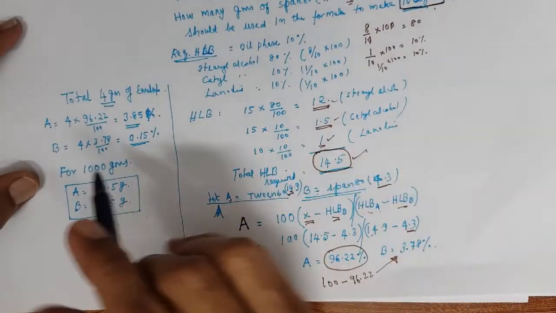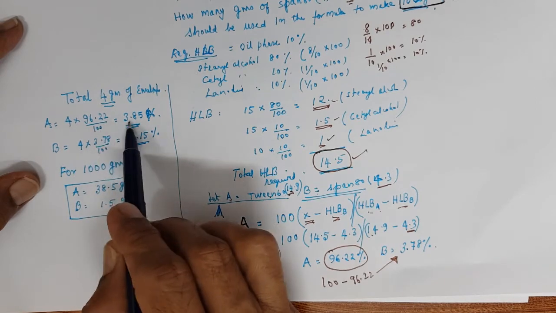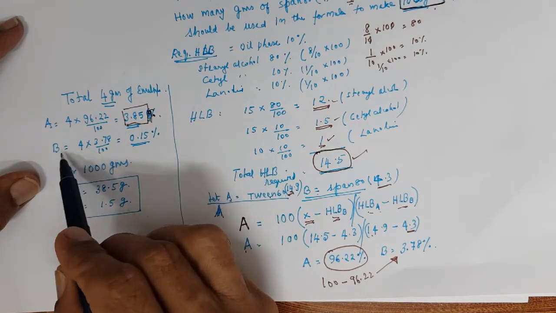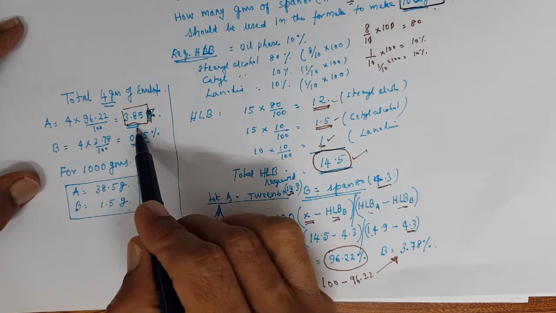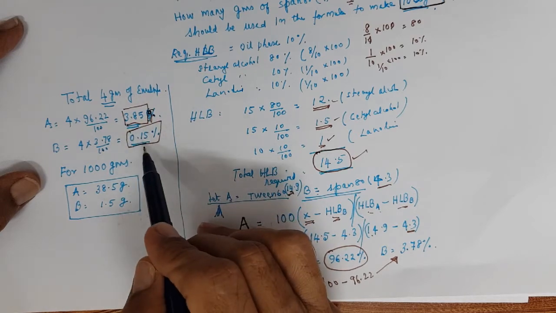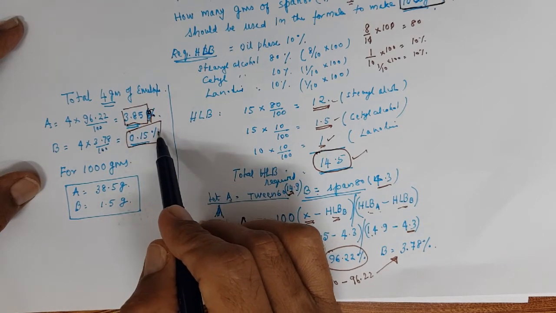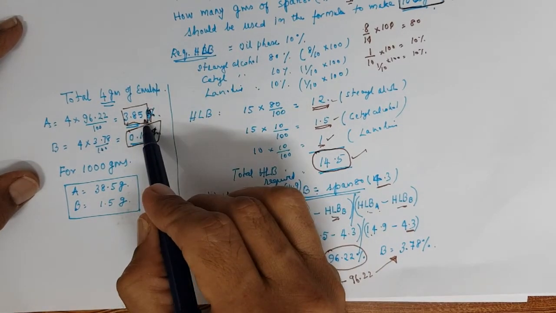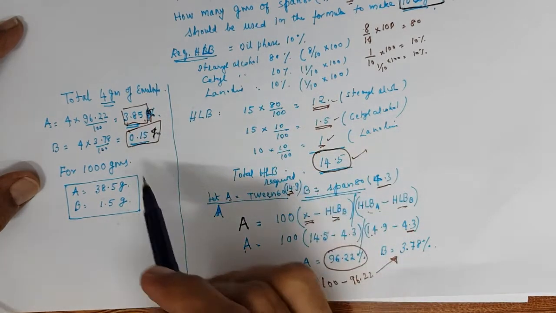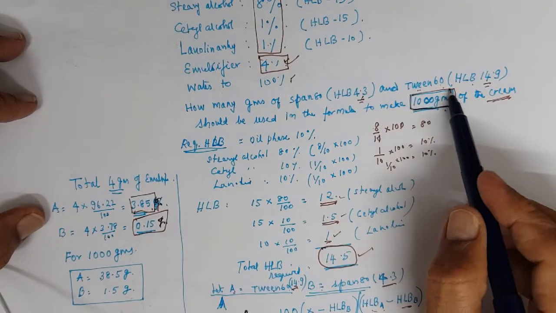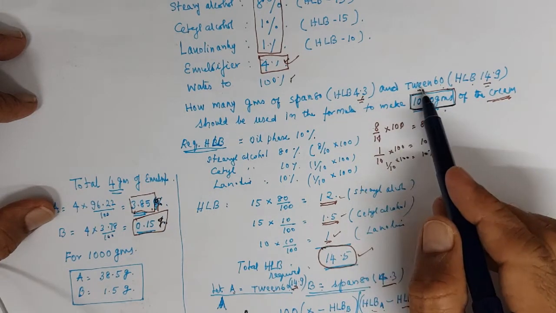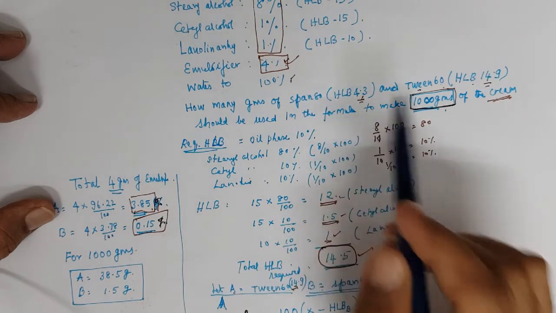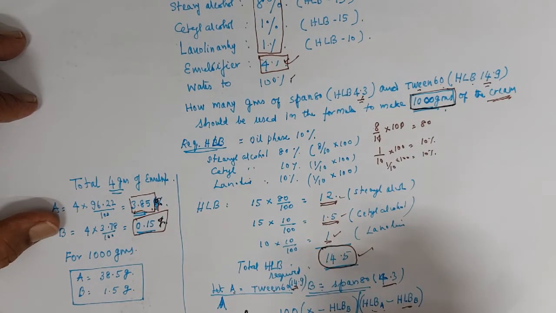So 4 grams, 96.22% is 3.85 grams of A, and 0.15 grams of B. 3.85 grams of Tween 60, that is A, and 0.15 grams of Span 80, that is what is required, B, right?